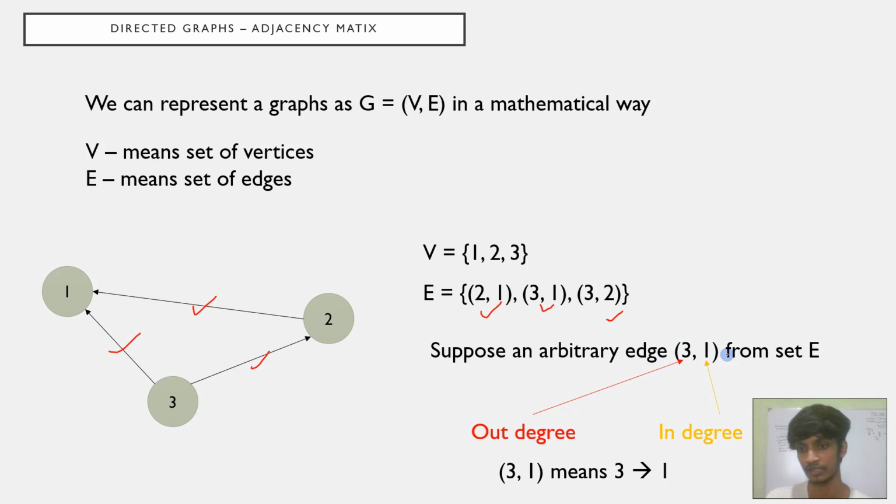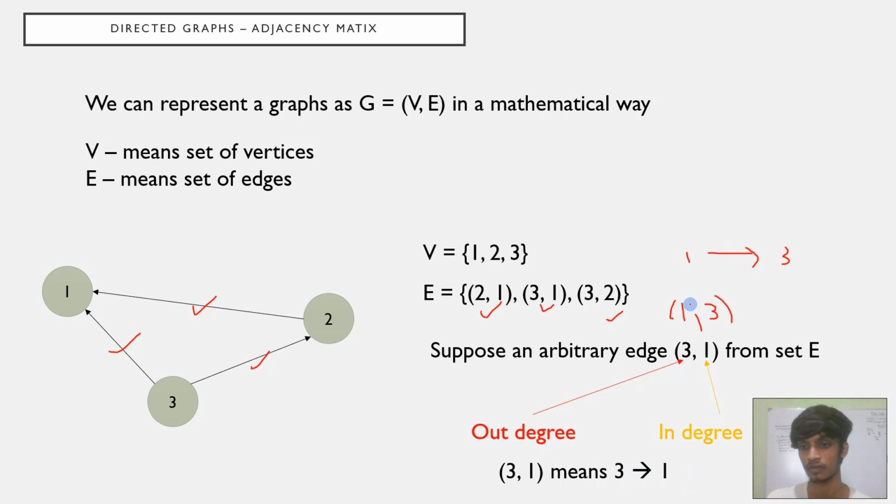If you represent this as 1 to 3 instead of 3 to 1, then there are differences, because it is directed. It represents some direction. So if you represent this edge in the other way, it means 1 to 3, not 3 to 1.